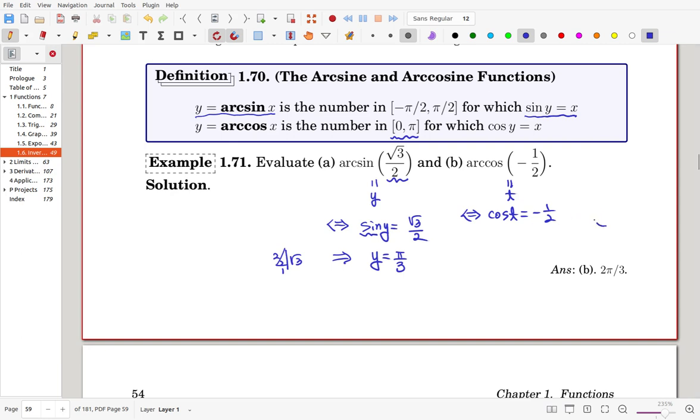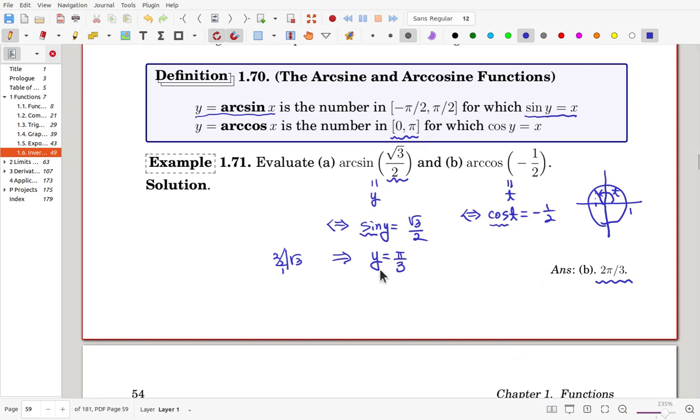If you use a circle of radius 1, cosine is the horizontal component, so minus half is here, and the angle from here to there is exactly the angle t. So you can easily figure out that here t is 2 pi over 3.